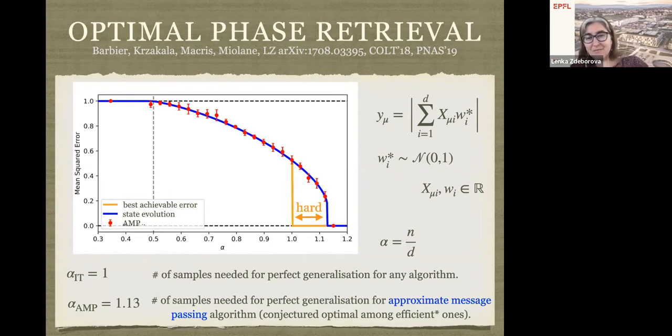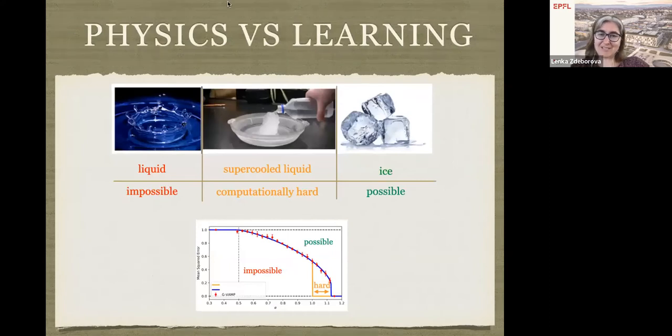But here is a physical interpretation of where this hard phase comes from. It's actually pretty much the same mechanism by which you can supercool water and keep it under 0 degrees Celsius still in the liquid state. That's maybe just a bit of physics.